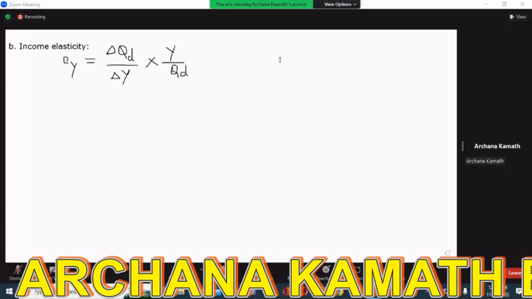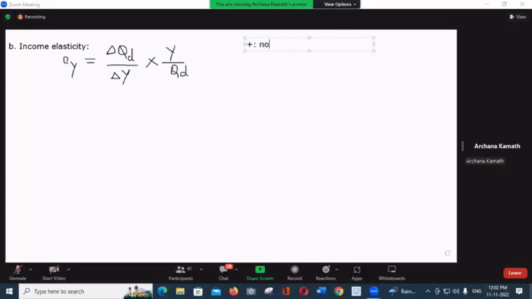For income elasticity and the next elasticity we are going to discuss, positive and negative signs matter a lot. A positive sign shows that you are dealing with either a normal good or a luxury commodity. When you get an answer between 0 and 1, it is a normal commodity. When you get an answer greater than 1, it is a luxury commodity.